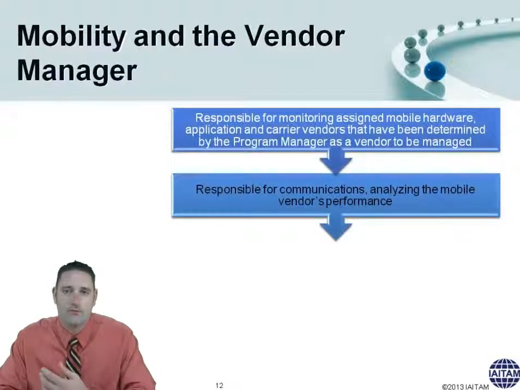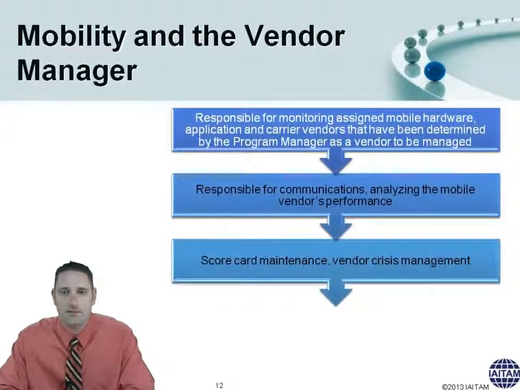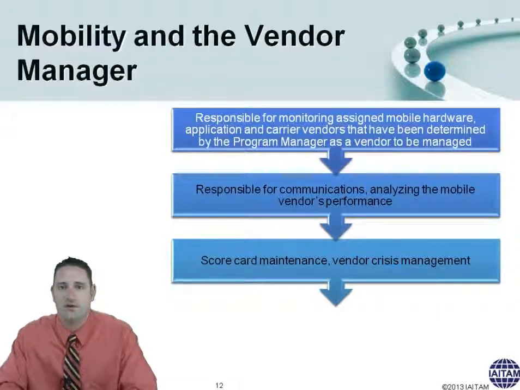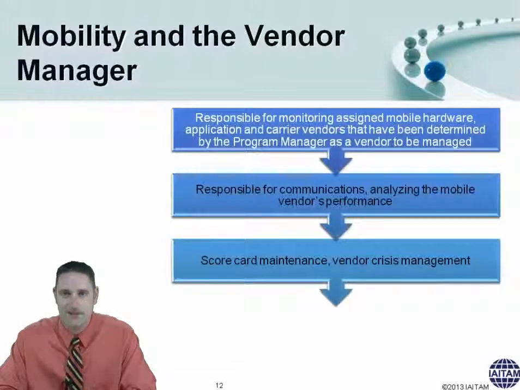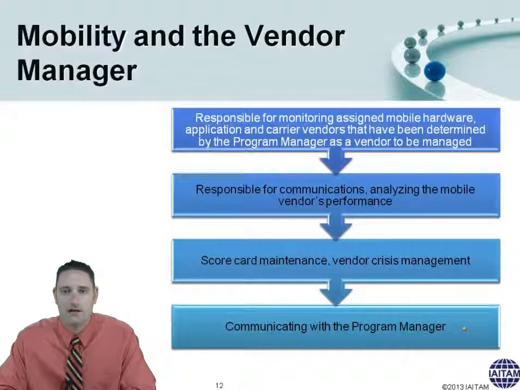They're also responsible for the communication and analyzing the mobile vendor performance, again through maybe a scorecard or other type of rubric or any other metric. And the maintenance, we talked about this as well. Not only are we going to do the initial assessment, we're going to keep doing assessments and making sure that they're still scoring high. And then this role obviously communicates back to the program manager.